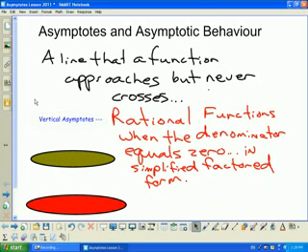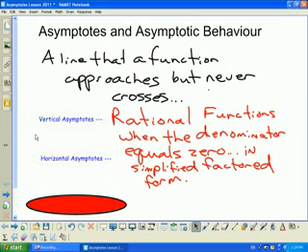I mean, when we get into trig functions and all these other things, there may be vertical asymptotes. And always, okay. Horizontal asymptotes. I don't have enough room to write down stuff for that, but that's okay. You can scribble it down if you're listening to this on the recording.